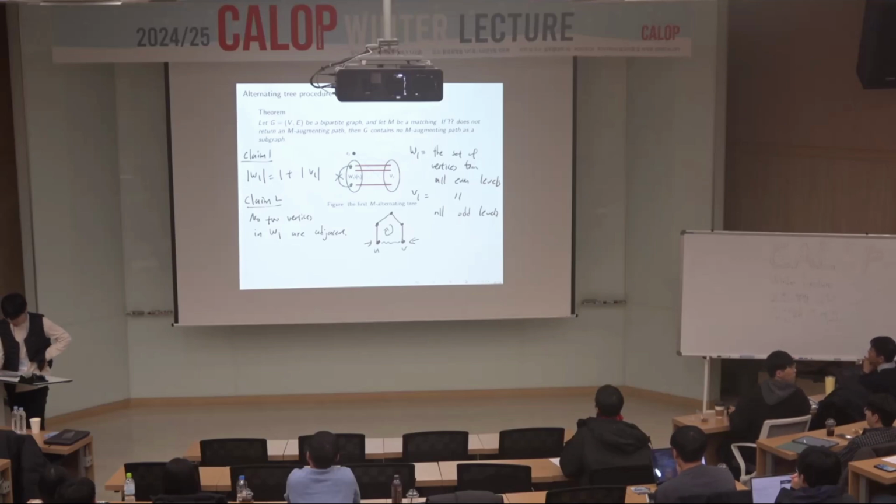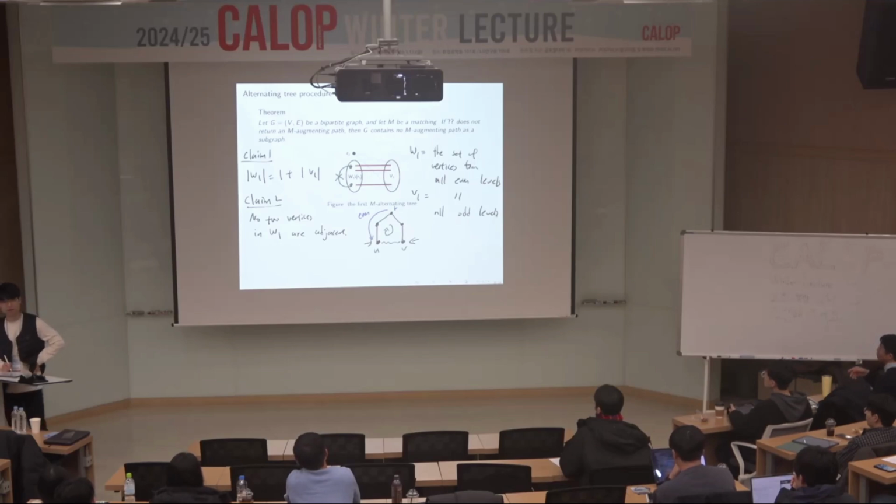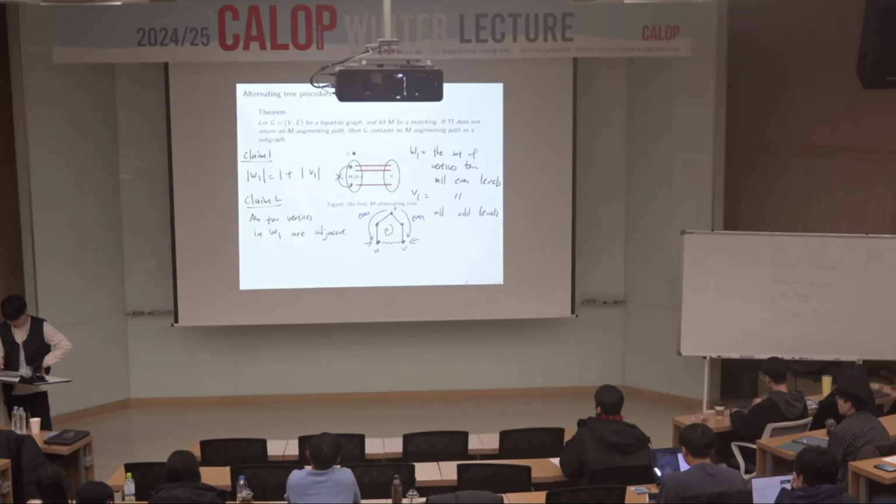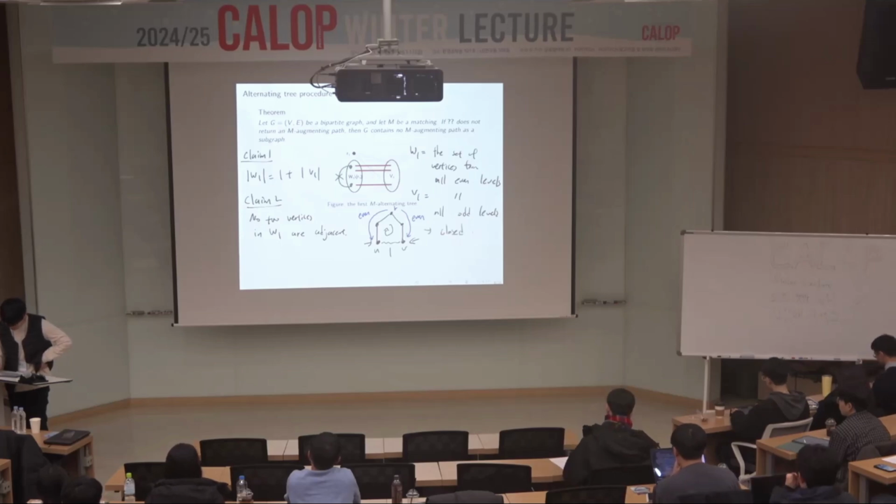In fact, this is the argument. Because U is at an even level, there's a path from R to U of an even length. And also, because V is at an even level, there's an even length path from R to V. Right? And the length of the UV path, which is the edge, is 1. So this means that you have a closed walk of an odd length.